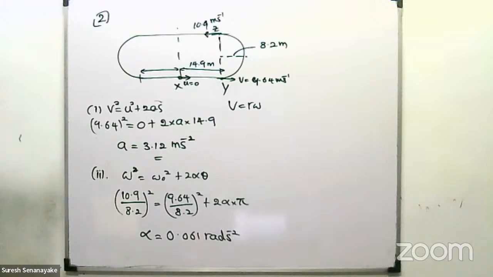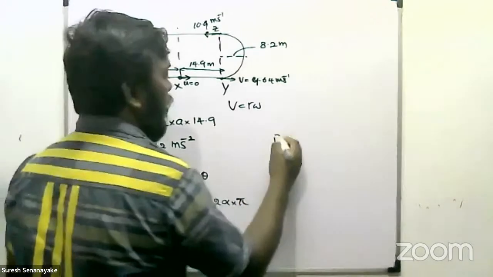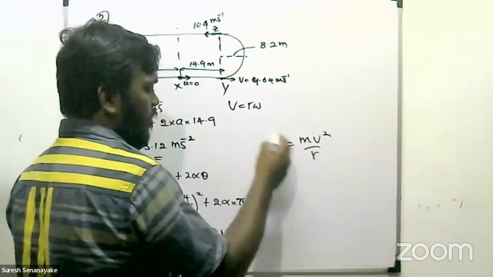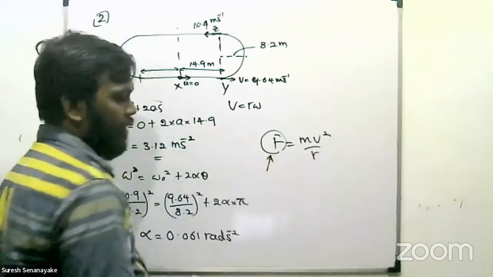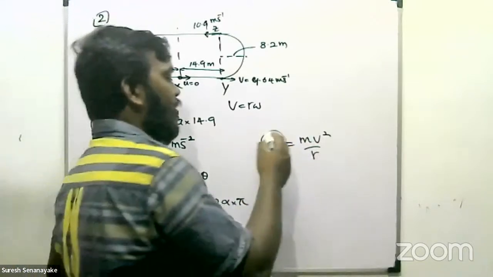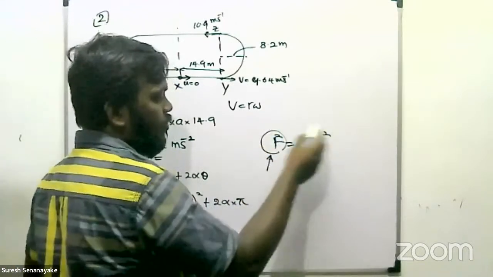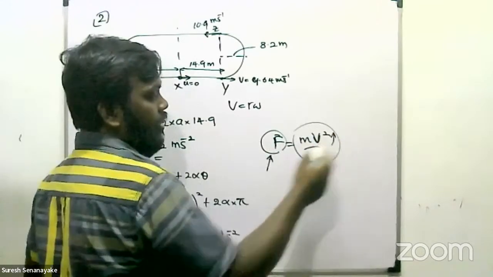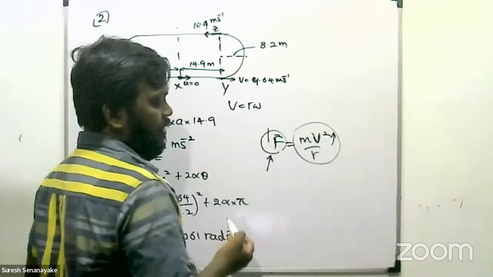So the radius of the curve should be much greater. Because mv square over r, this is a constant because it's a limiting value. So to maintain this force, if you want to move in a circular path, as you increase the v, it cannot be increased.